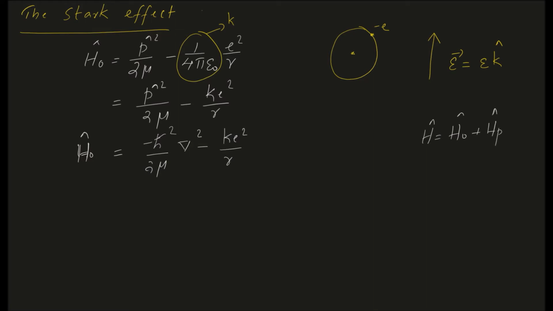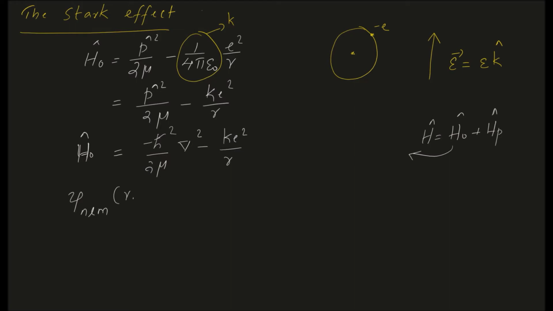The unperturbed Hamiltonian of the system is given by this expression, which is the case when there is no electric field in this space. The eigenfunction of this Hamiltonian can be written as, let's say, psi n l m. We had discussed the eigenfunctions of the hydrogen atom in the previous semester.